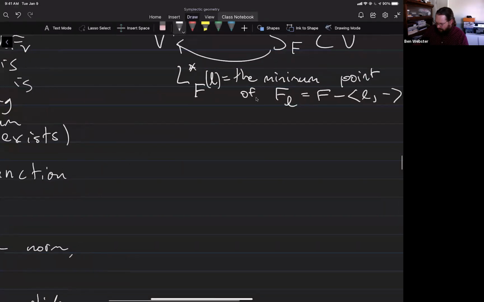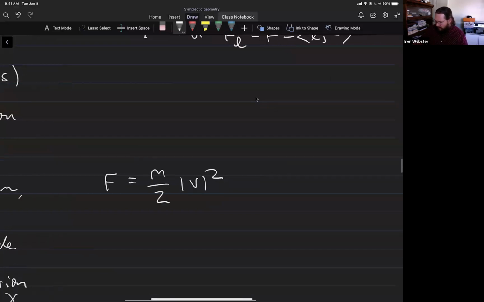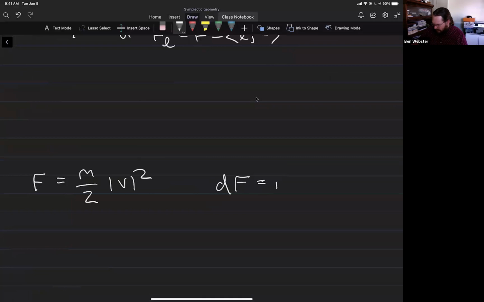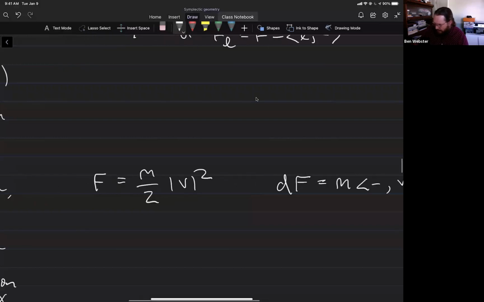In general, if I have some norm and I take f equal to m/2 norm squared of v, then the derivative of f is equal to m times the inner product with v. So that's going to be my map.